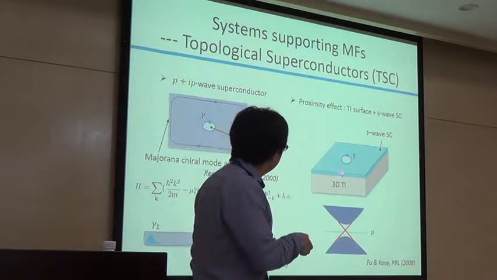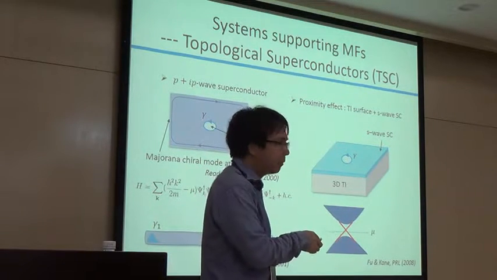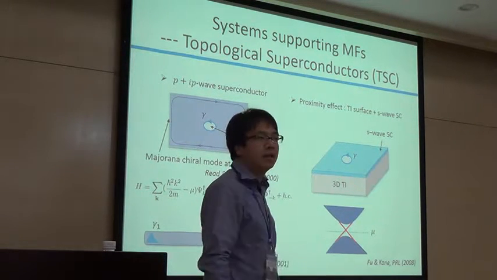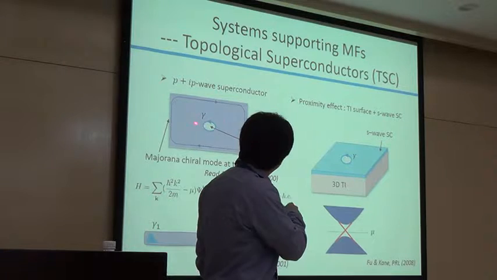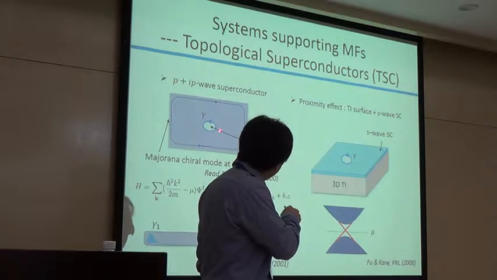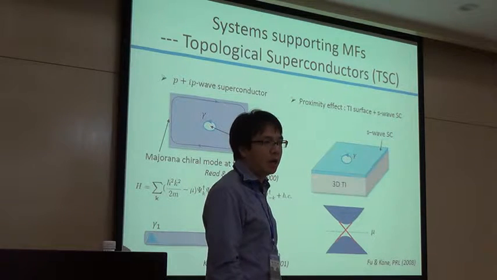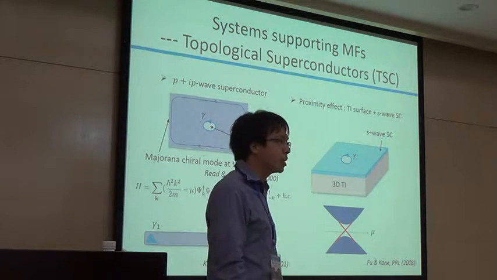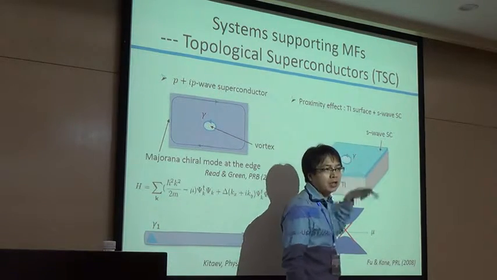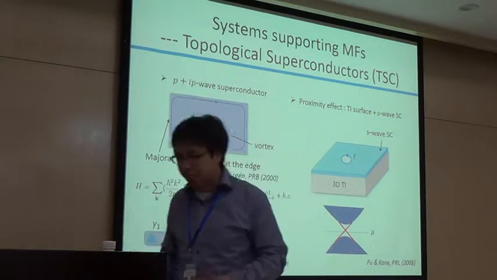It means that if you put an S-wave superconductor on a topological insulator, you can make a topological superconductor, which supports Majorana. If you create a vortex, you will have a Majorana inside the vortex.